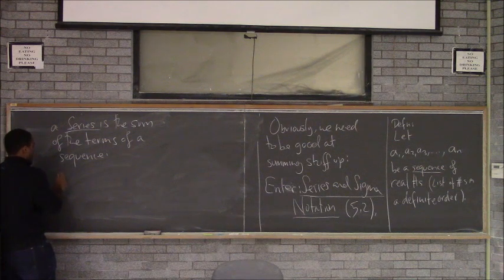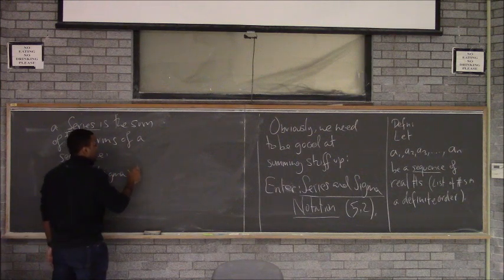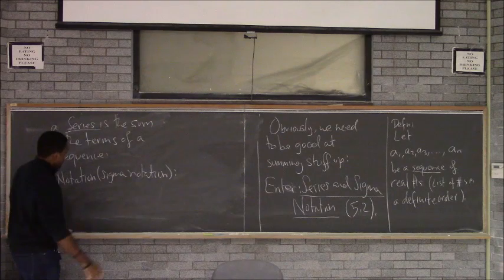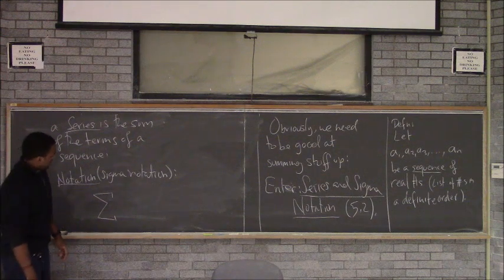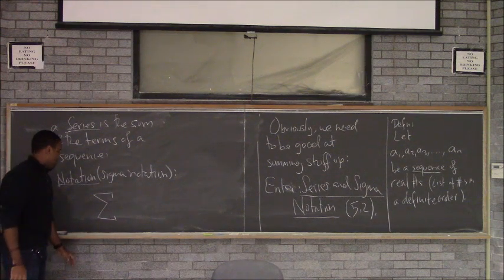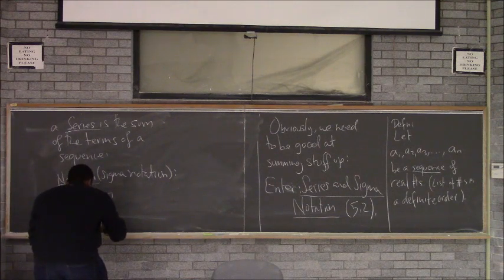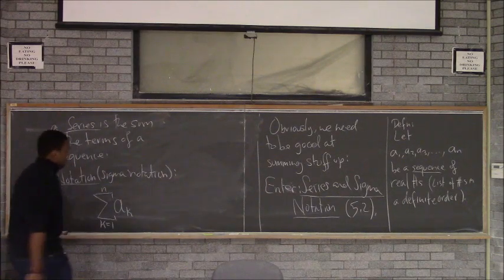And the notation, this is called sigma notation, is the following. You have the Greek letter uppercase sigma, pretty much the equivalent of the letter S for sum, and you can say, okay, I want k to go from 1 up to n of things that look like a sub k.